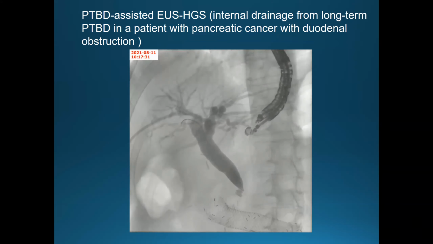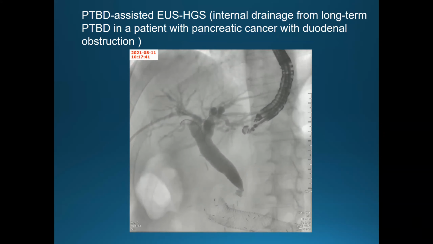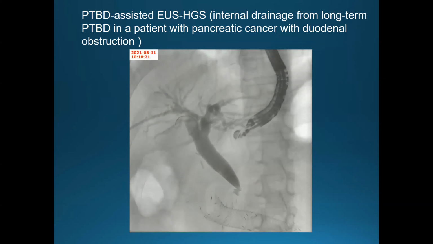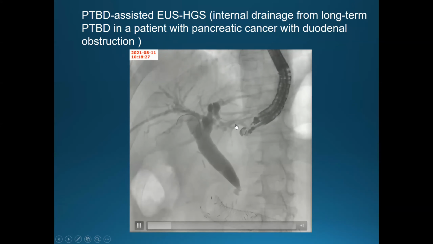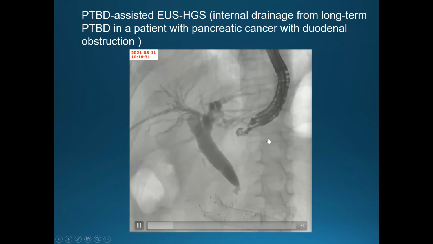As you can see, the first step is injection of contrast through the PTBD tube. Even though there is decompression of the bile duct, it is very easy to perform the PTBD-assisted EUS-guided hepaticogastrostomy. This one is a guide wire, and for this patient I performed the partially covered stent without fistula dilation.